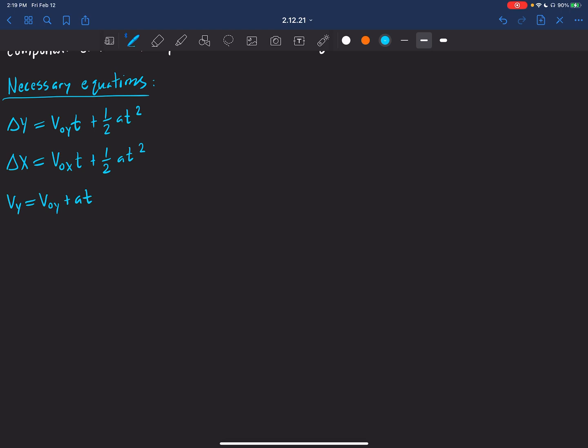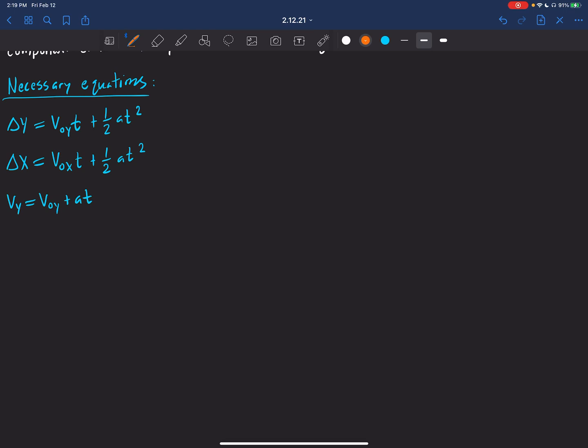And so for the first part of the problem, how long does the projectile remain in the air? We're going to use this first equation. And looking at it initially, we can simplify it a little bit.